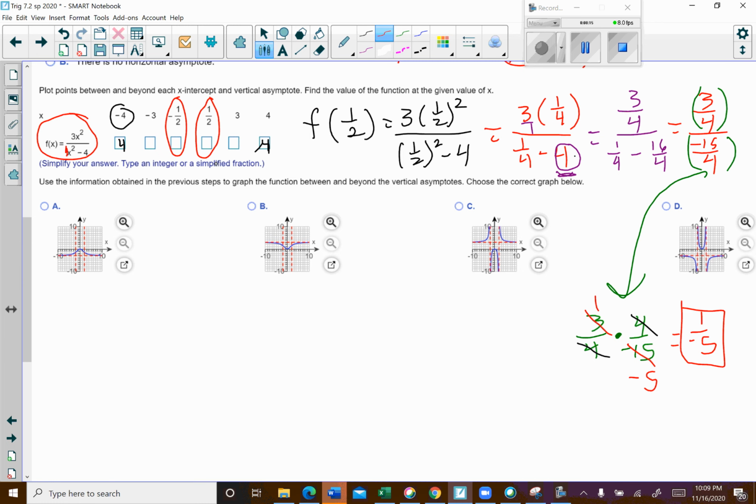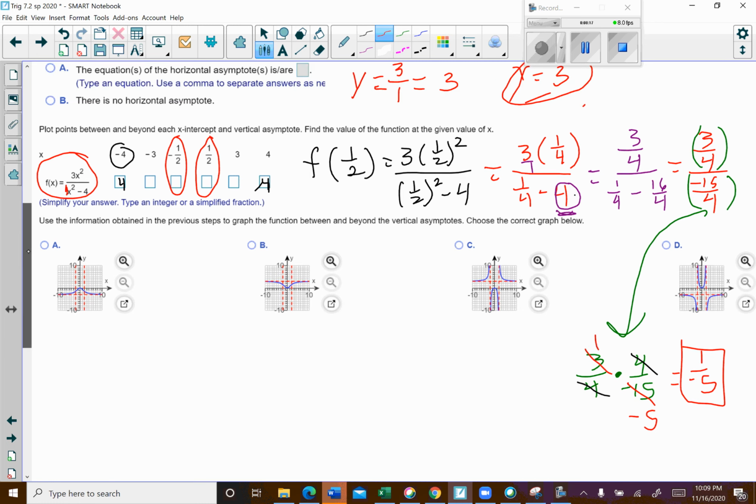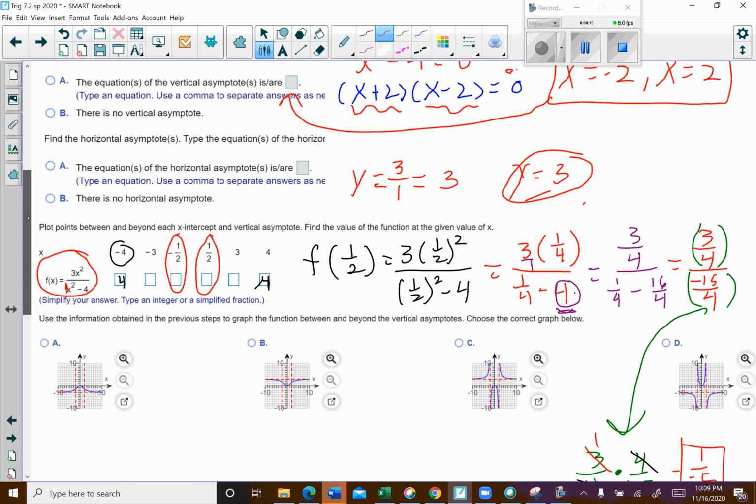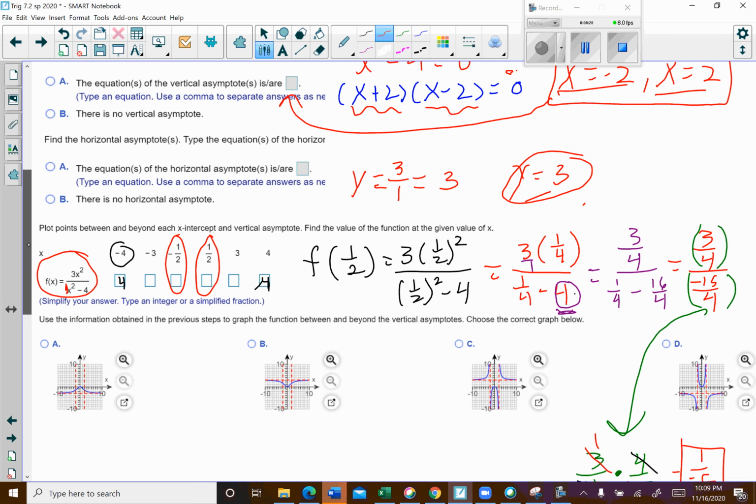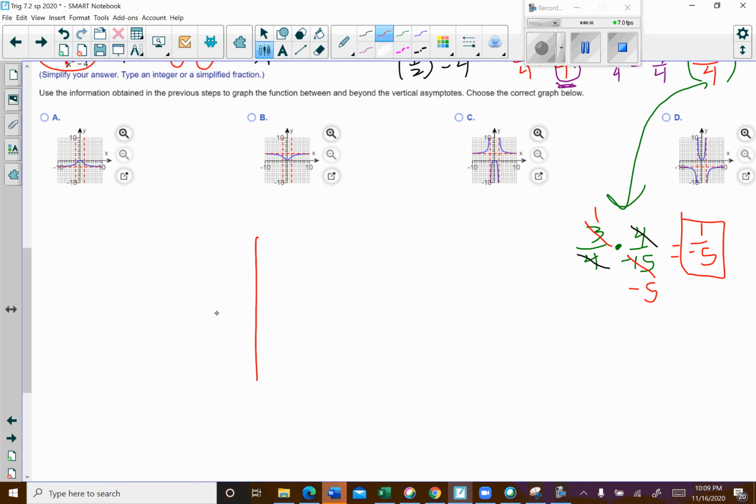Okay, so to the graph, though, let's look at that. What's going to help you here is knowing your asymptotes. So we have 2 vertical asymptotes at negative and positive 2. So I'm going to do a rough sketch down here, and then we'll try to look at which one's the right answer.